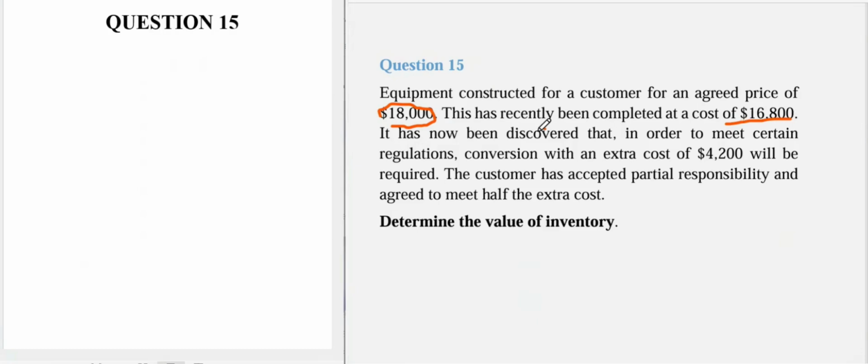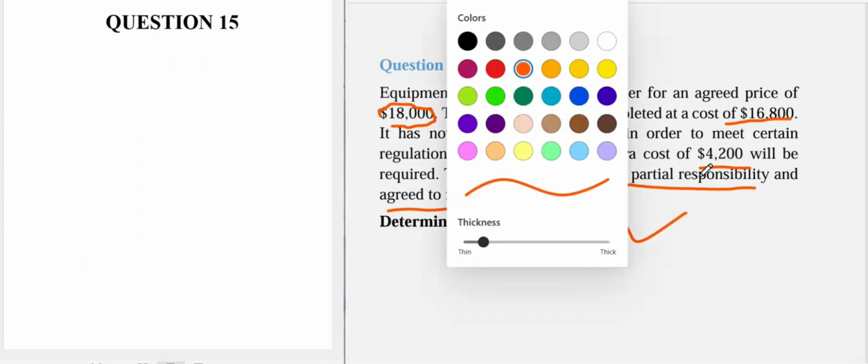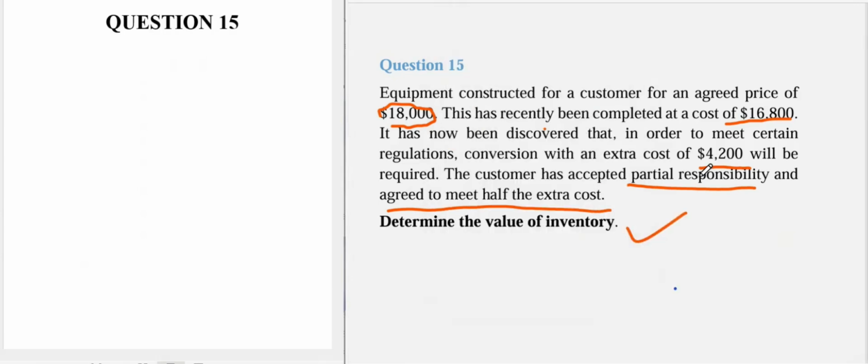And it has now been discovered that in order to meet certain regulations, conversion with an extra cost of 4,200 will be required. The customer has accepted partial responsibility and agreed to meet half the extra cost. The requirement is we should determine the value of inventory that will be recorded in our books, right?